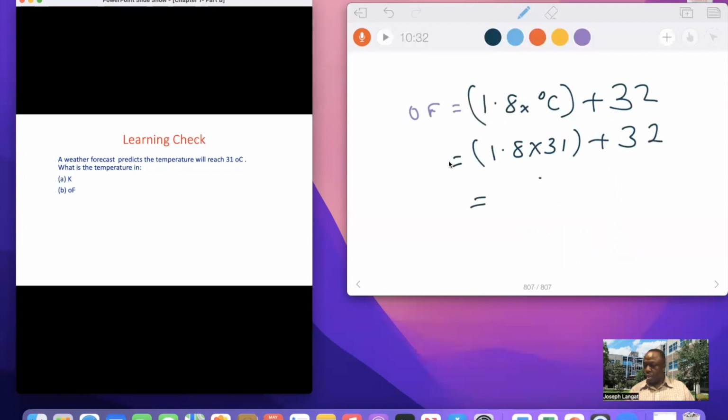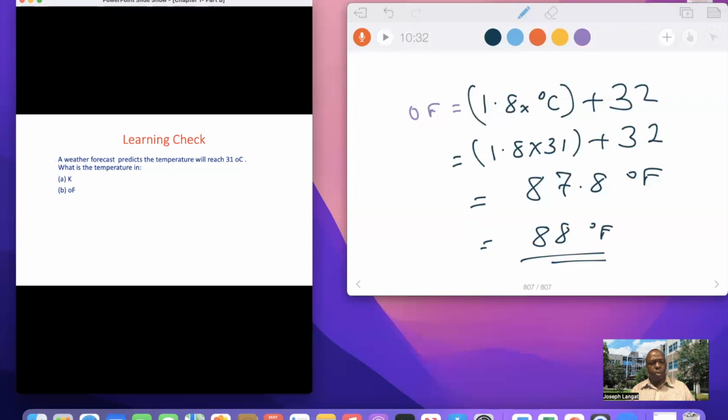This is 87.8 degrees Fahrenheit. If I look at what we were given earlier on, this has 2 significant figures, so 88 degrees Fahrenheit.